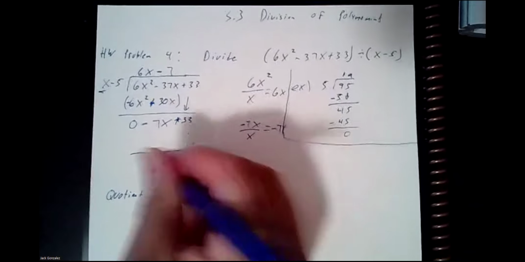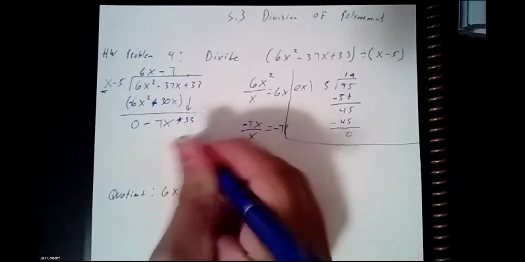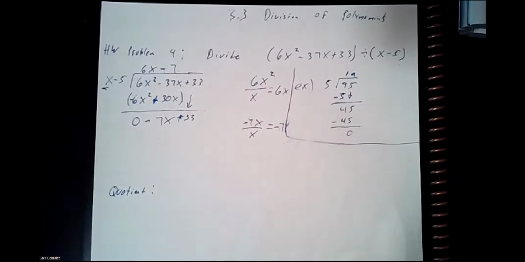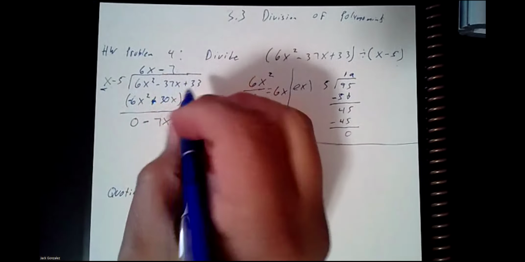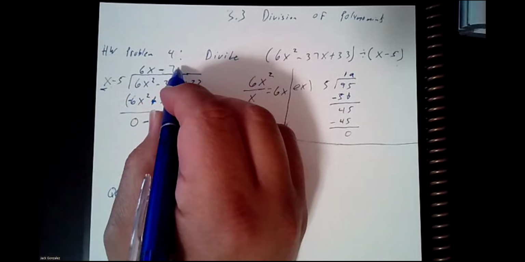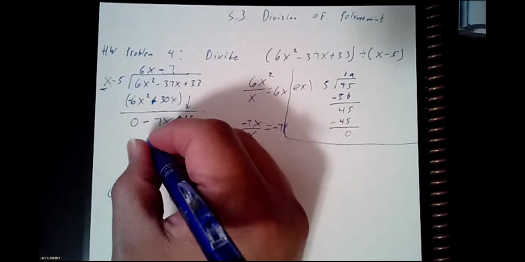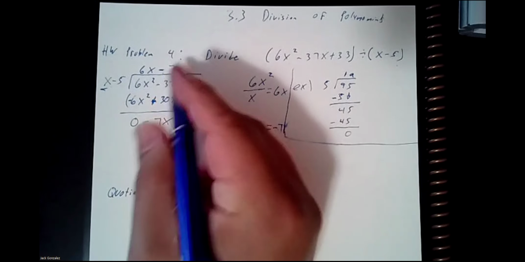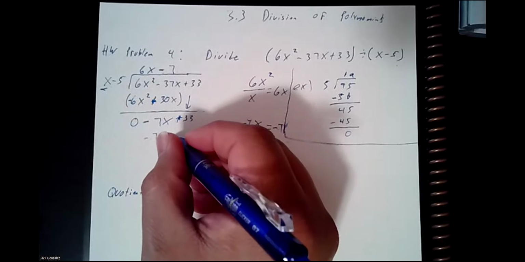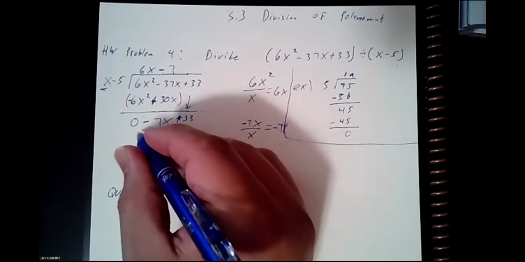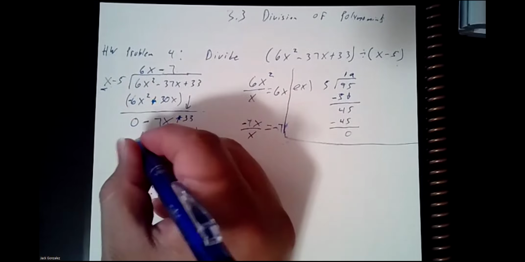So we'll start. So negative 7 times x, negative 7x, negative 7 times negative 5, positive 35, but that's going to change once I swap the signs here.